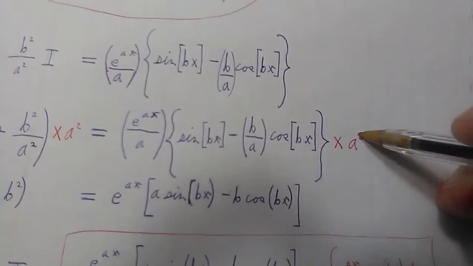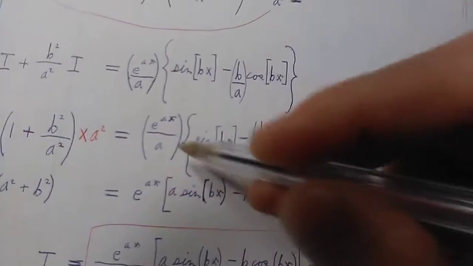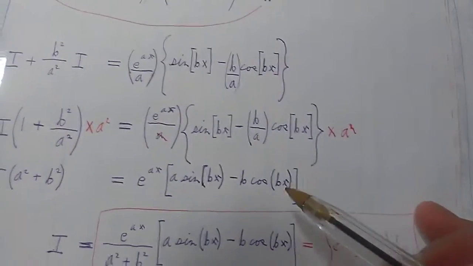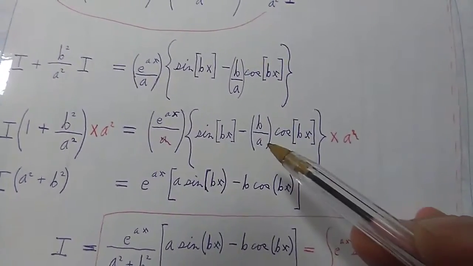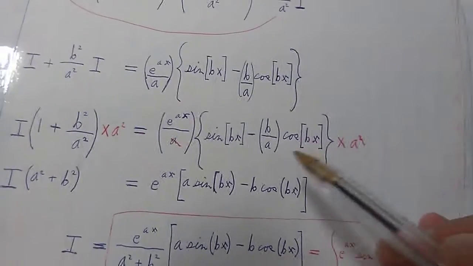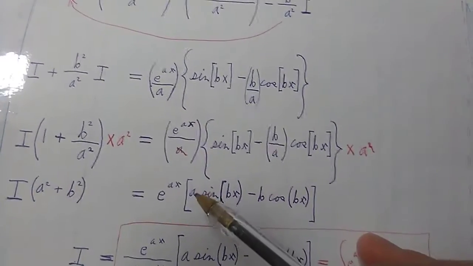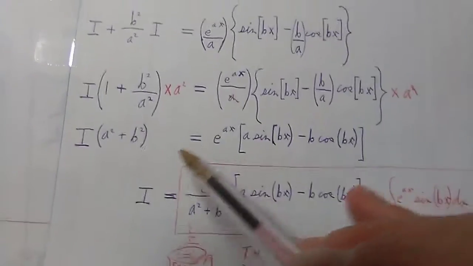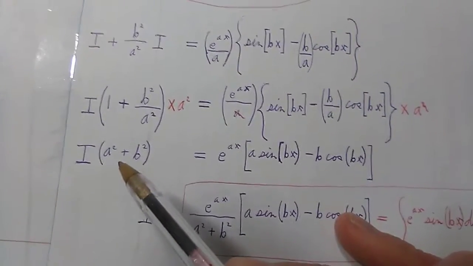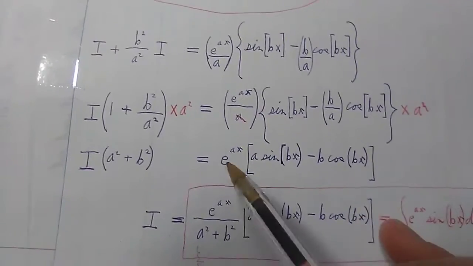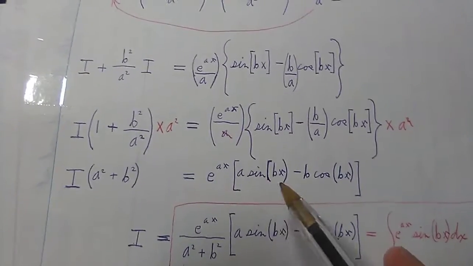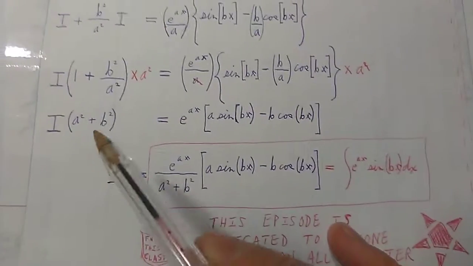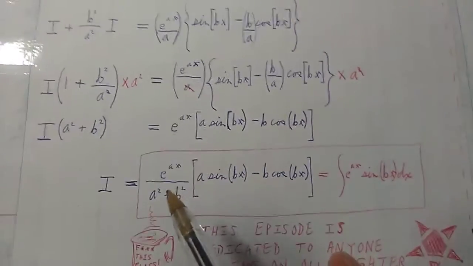We lose a squared term by dividing out by that, and then we just have an a that multiplies through here. So you can see we lose the a when these two cancel out, and over here we just multiply through by a, and so we have I multiplied times that thing I just mentioned, and then here we are. We just divide through by a squared plus b squared.